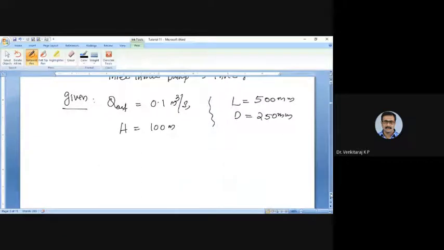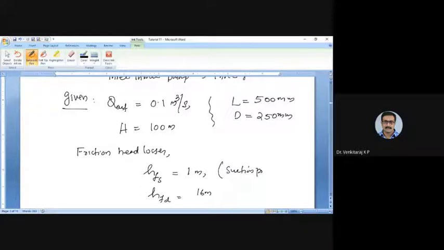Then we have the frictional losses in the suction and delivery pipe. The friction head loss in the suction pipe, HFS, is given as 1 meter, and HFD in the delivery pipe is 16 meter.